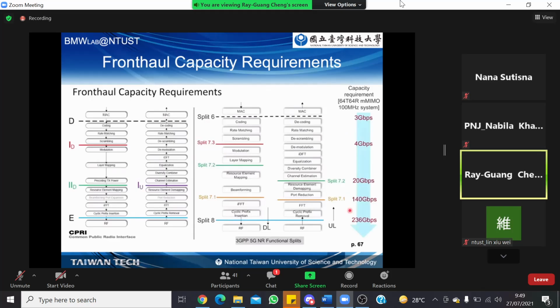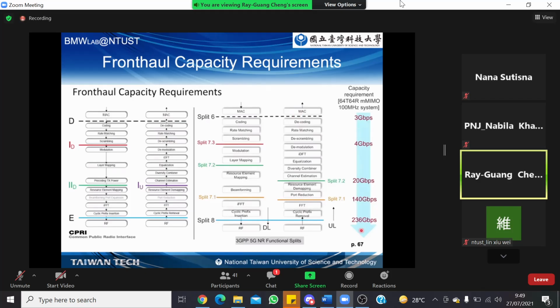So this figure briefly summarizes the data rate required for 64 by 64 massive MIMO with 100 megahertz bandwidth. You can find that split 6 is between the MAC and the PHY.